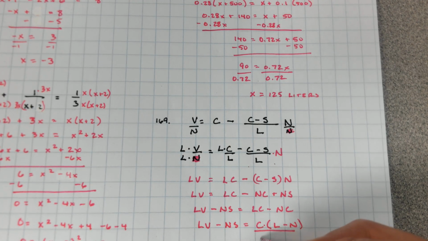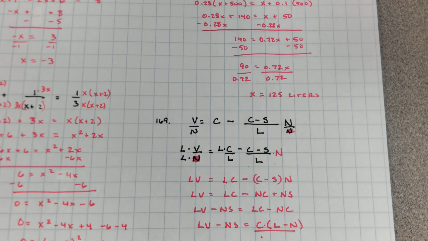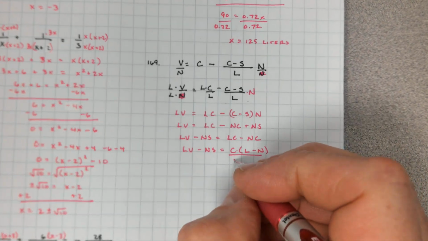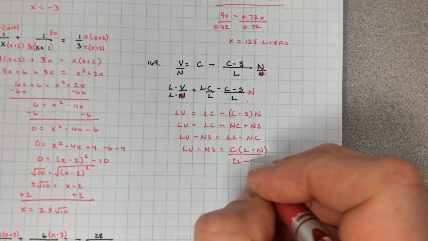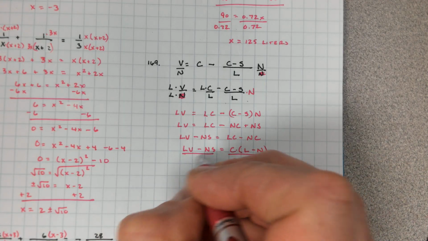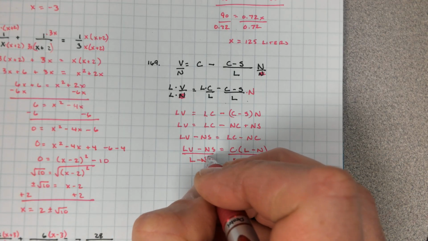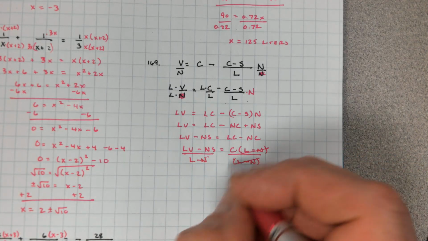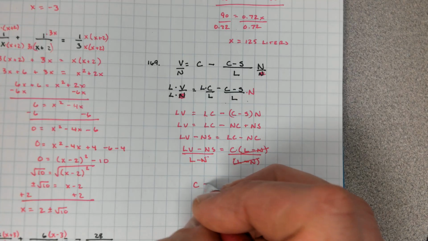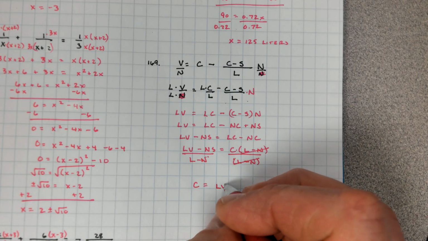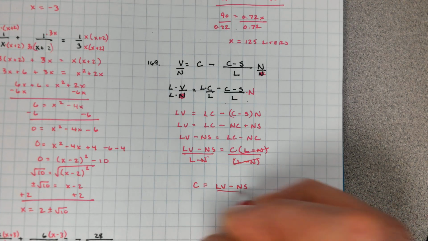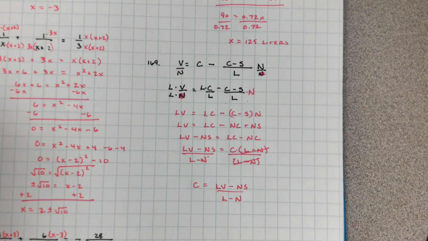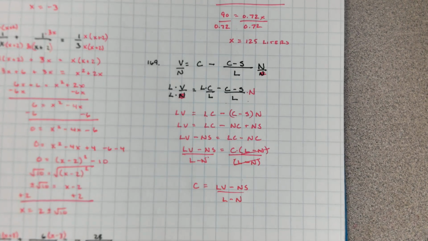I'm going to undo the multiplication with a divide, L minus N. And then that's going to reduce, give me C. So C is equal to LV minus NS over L minus N. I know, a lot of letters. Crazy. Alright, done.